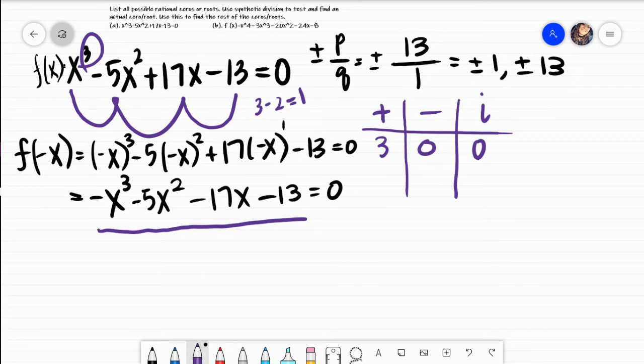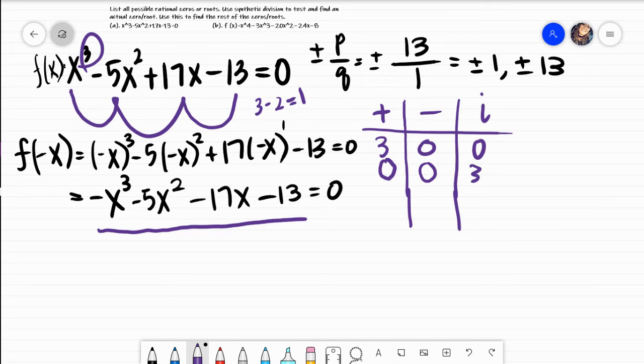So I'm kind of just going to do this little table over here, and I'm going to consider all the different possibilities. If I have 3 positive real zeros, I would have 0 negative and 0 imaginary. Let's pretend I had 0 positive. Well, I already know for a fact I'm not going to have any negatives, but that would mean that I would have 3 imaginary zeros.